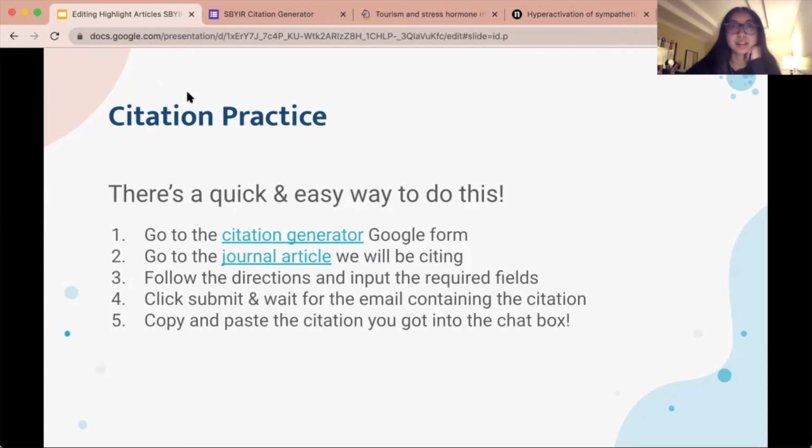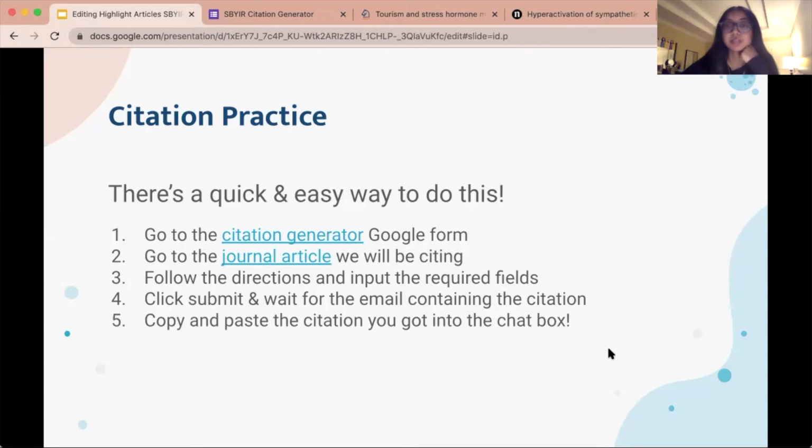Okay, so if everyone is now on the citation generator, it should look like a purple Google form. What we're actually going to be doing is practicing citing a particular journal article. This journal article is one that one of our highlight writers actually used in the past. I'm going to also put the link to the journal article in the chat.